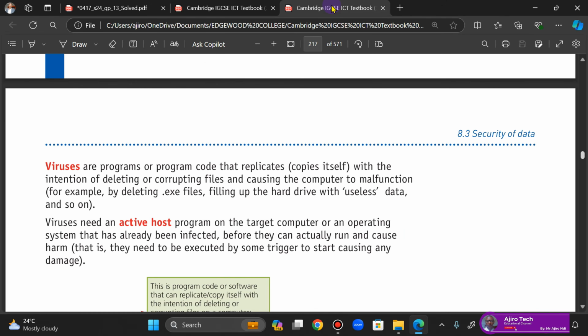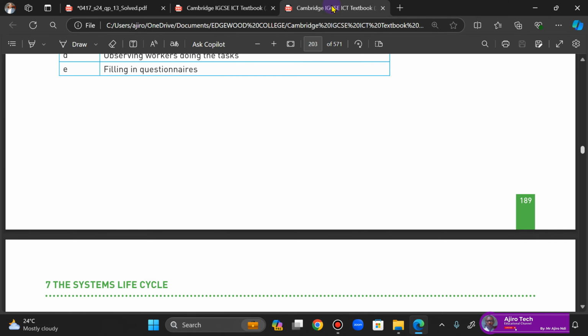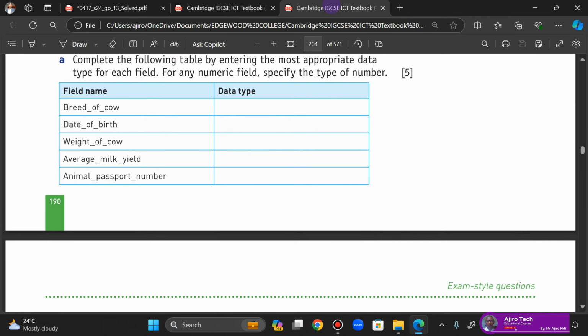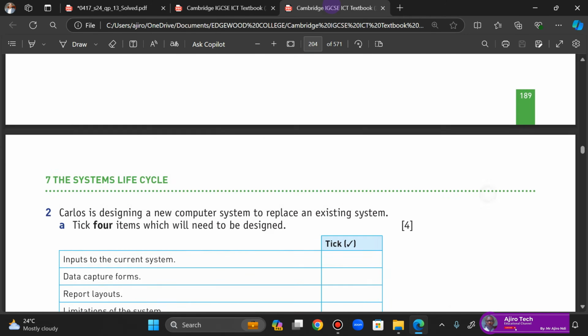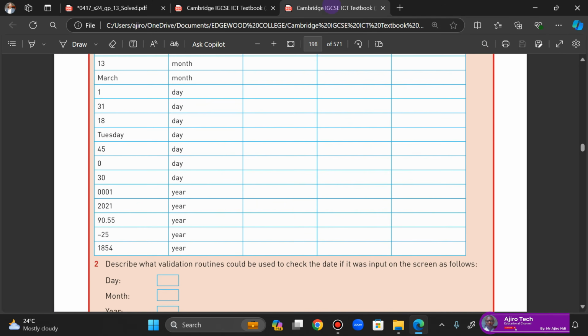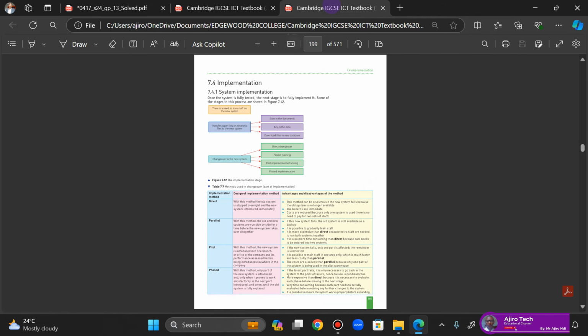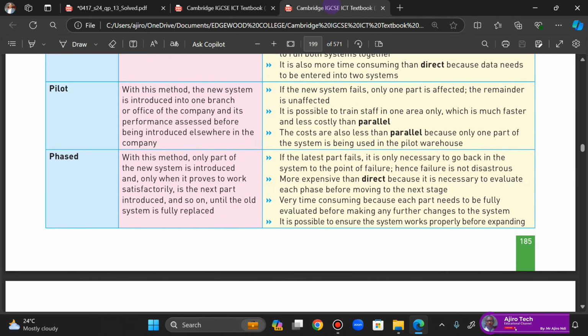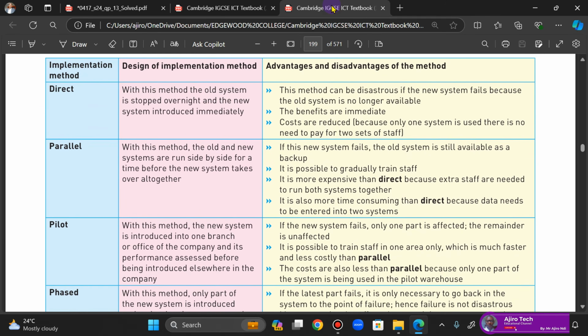So we'll see it here. Yes, this is it right here, implementation. You can see that the old and new systems run side by side for a time until the new system takes over and the old one is removed.